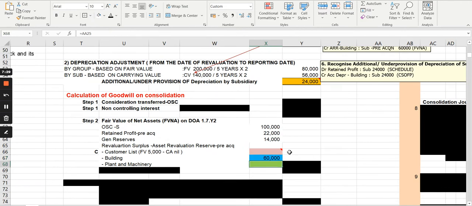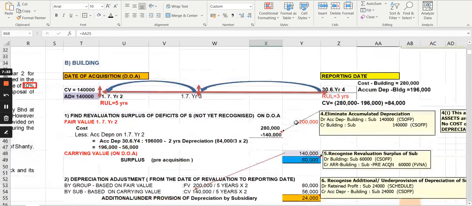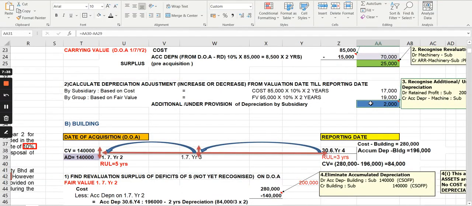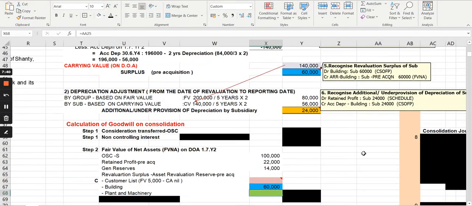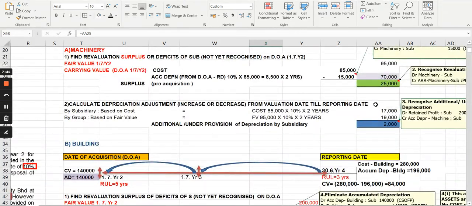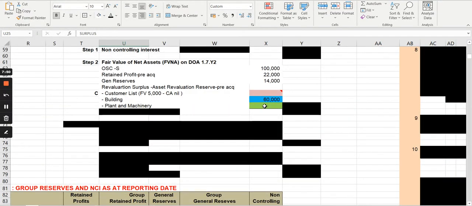And for machinery, the one calculated here, the blue one. Oh, I have put a different color. Sorry, it's 25,000. It's green, this one, the surplus here. So put it here.